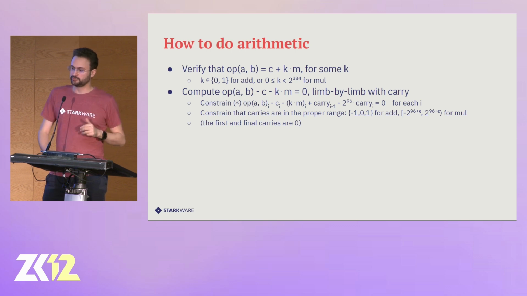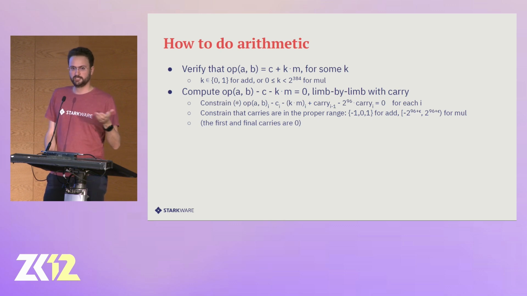And we also need to constrain that these carries are in the proper range, and this range is plus minus 1 or 0 for addition, because everything here is just small limbs. And it can be up to slightly larger than 2 to the 96 for multiplication. Why is it slightly larger? Because the ith limb of A times B, or of k times m in that case, is actually not just bounded by 2 to the 192, it's actually a convolution of the product.